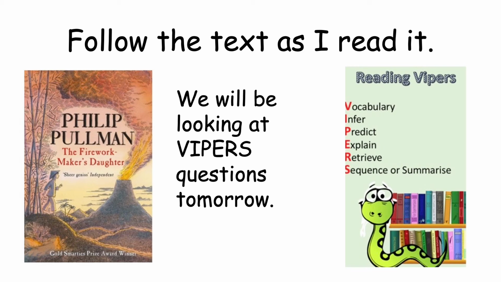You're doing exceptionally well with the reading, and I thought I would let you off with doing the Lady of Shalott. Okay, so are you ready? Get your Philip Pullman, The Firework Maker's Daughter, and let's start reading.